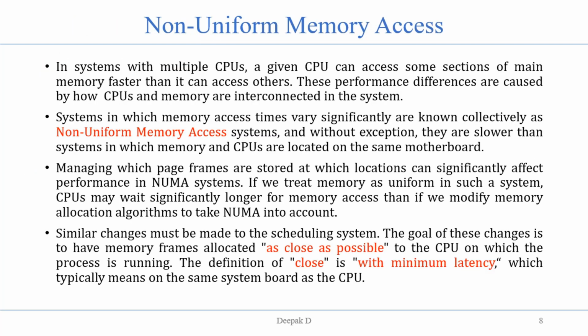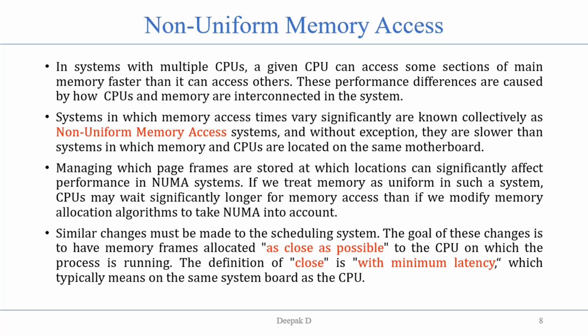So the next topic is non-uniform memory access. Till now, in whatever topics we have covered, we have assumed that all the main memory is created equal, and that memory is accessed equally. But on many computers this is not the case.